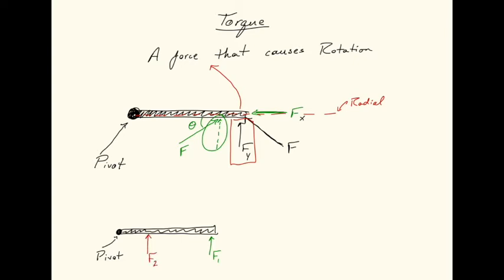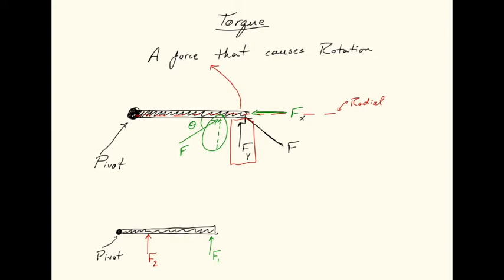You'll notice that they're both perpendicular to the stick, and so they should both cause a rotation. But you know intuitively that if you were trying to open a door, and this was a bird's eye view of a door, the further out you go, the more torque.